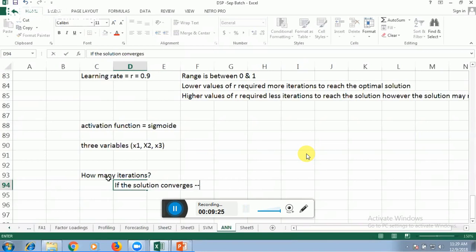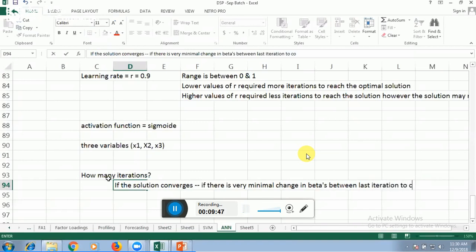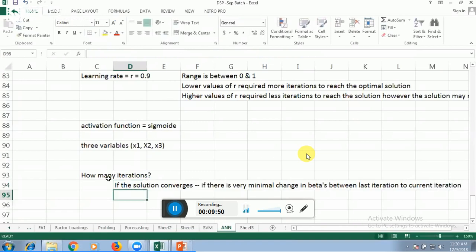What do we mean by the solution converges? It means there is no change, or a very minimal change, in betas between the last iteration and the current iteration. For example, in the last iteration my beta value is 0.499, and after the next iteration you get 0.4999.